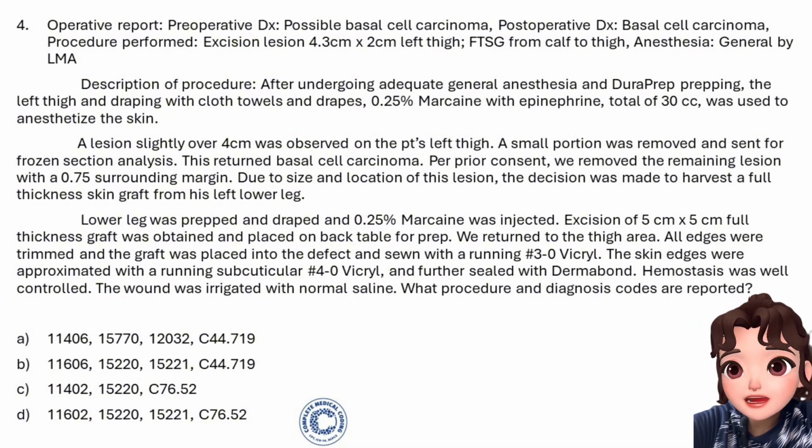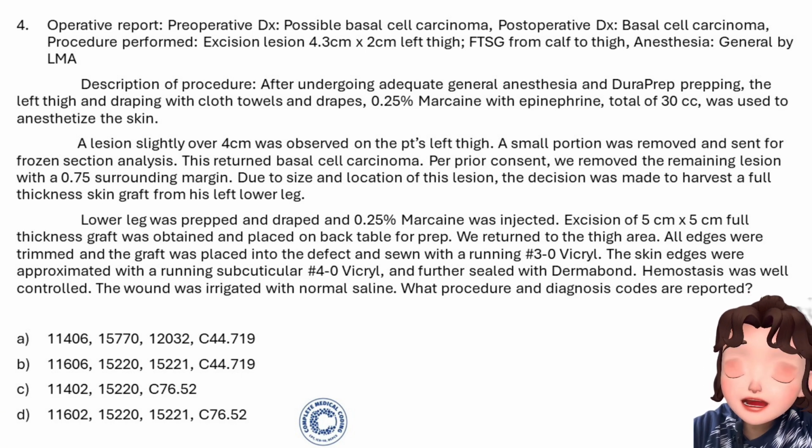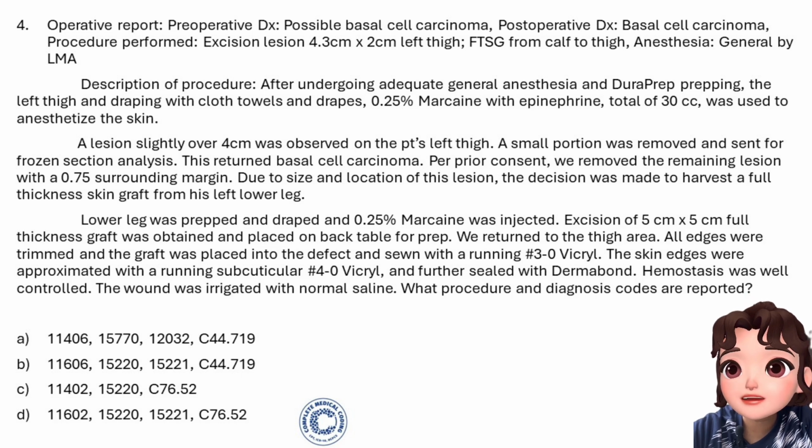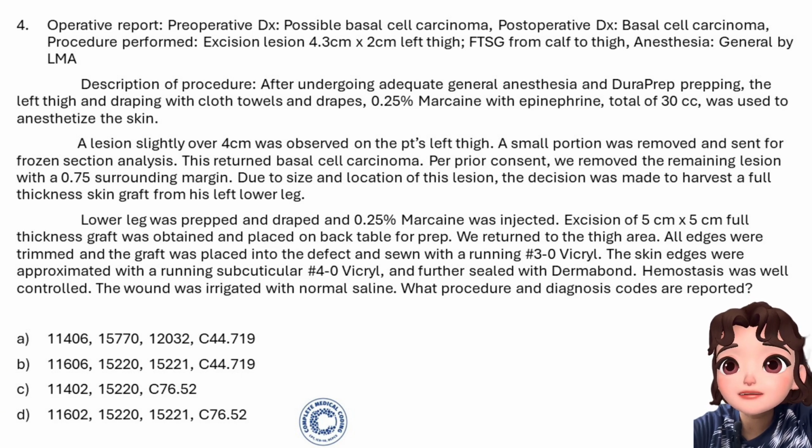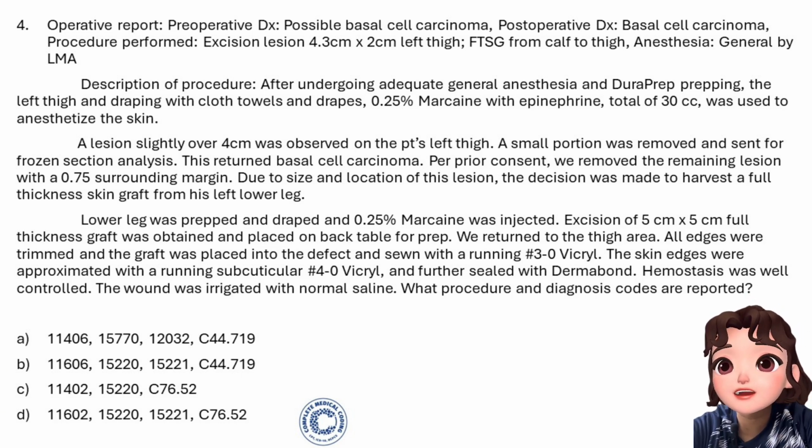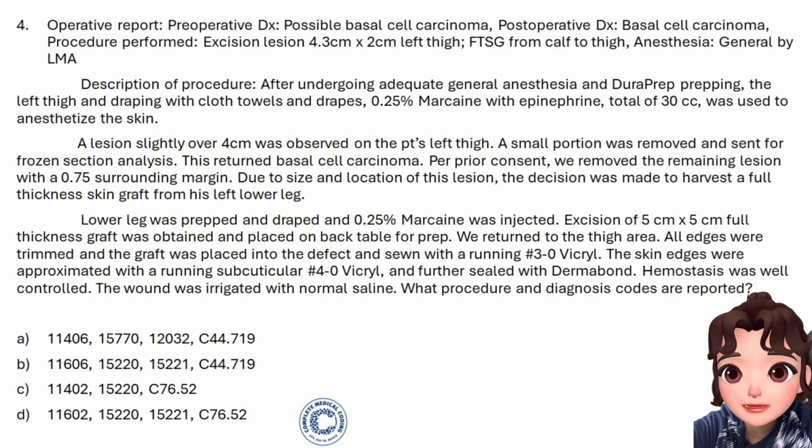No, this is basal cell carcinoma only. So we got the diagnosis as C44.719, which is in options A and B only. So we can directly skip options C and D because their diagnosis is incorrect. So let's check the CPT code book, the procedures one by one from options A and B.